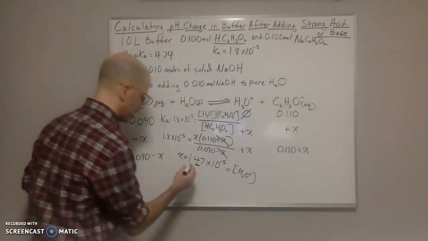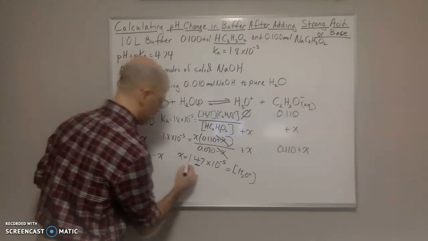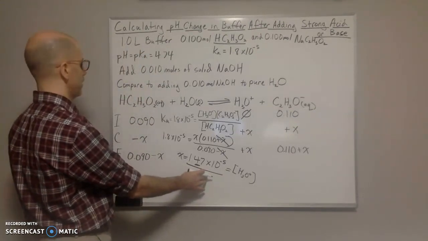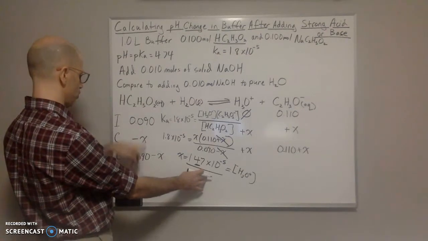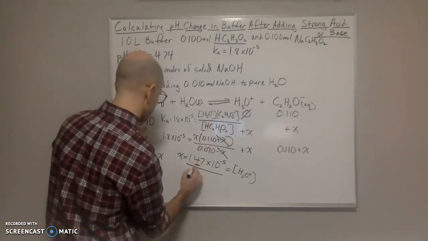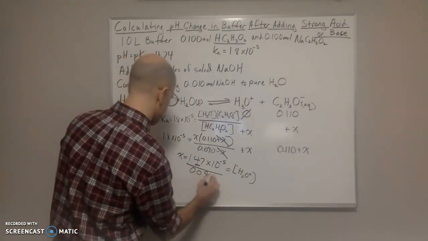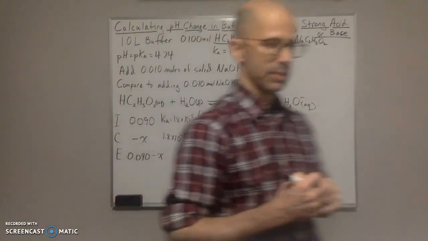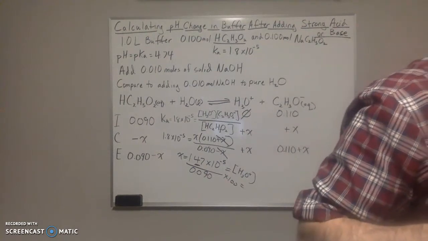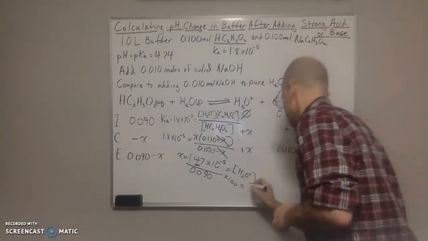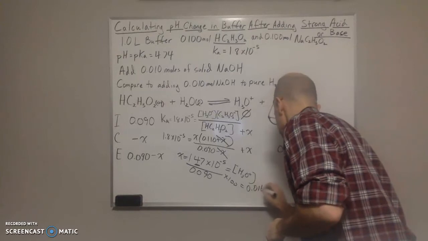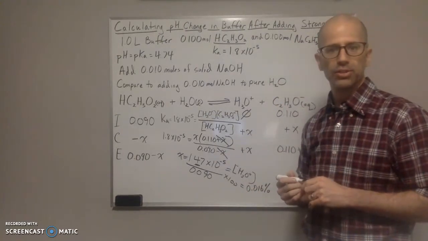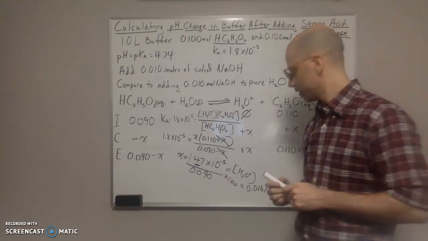If we check the validity, we can divide this by the original amount of the acid here. So the original amount was 0.090. Multiply that by 100 and you get 0.016%, less than 5. The x is too small approximation is valid.